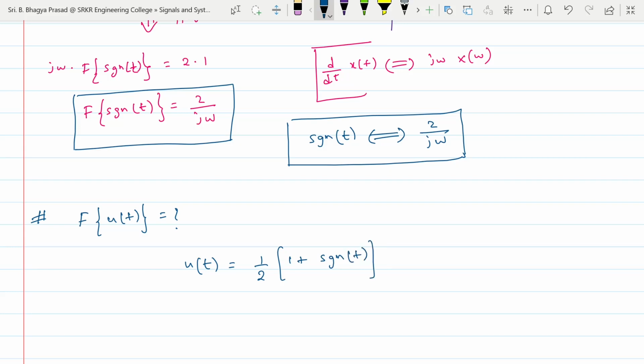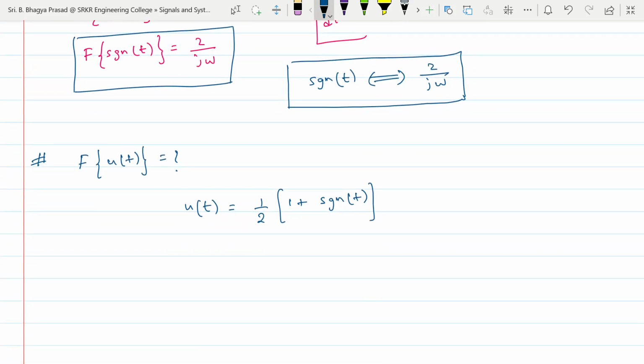Applying the Fourier transform to both sides, I am keeping 1 by 2 outside: the Fourier transform of 1 plus the Fourier transform of sgn of t.